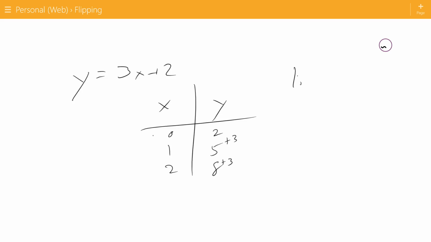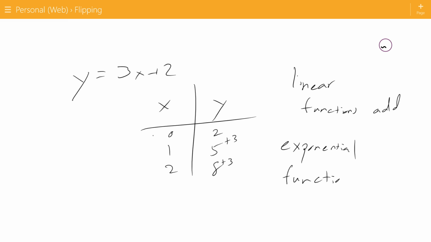So where linear functions add, your exponential functions are really multiplying.